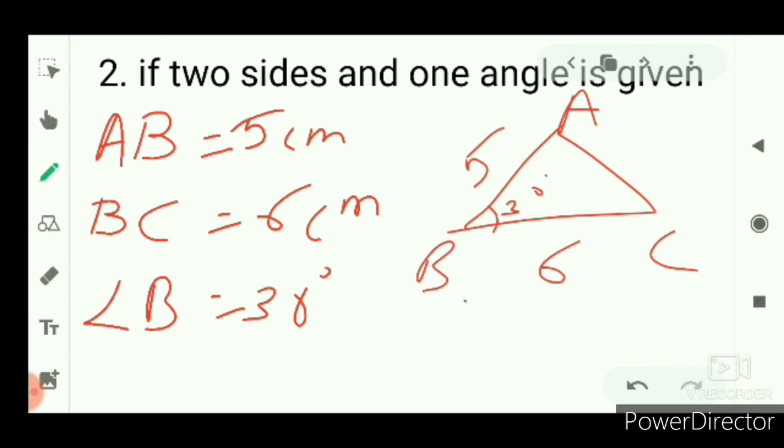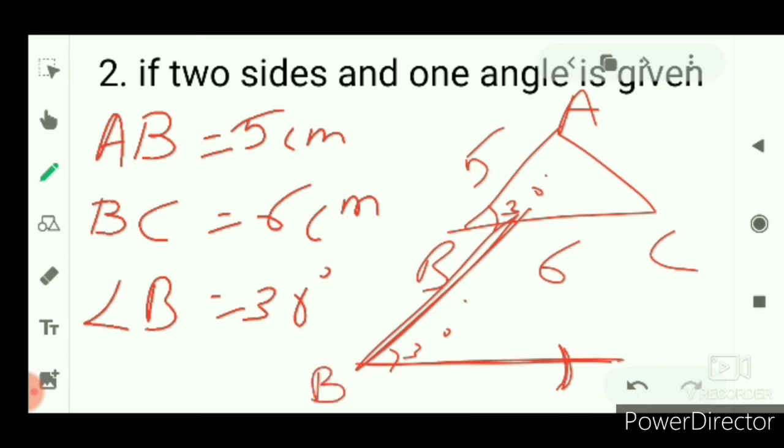And how will we draw? First of all we will make an angle of 30 degrees. I have already taught you how to draw an angle of 30 degrees. This is your angle of 30 degrees. Then we will take a distance of 6 cm in the compass and make one arc on this side.